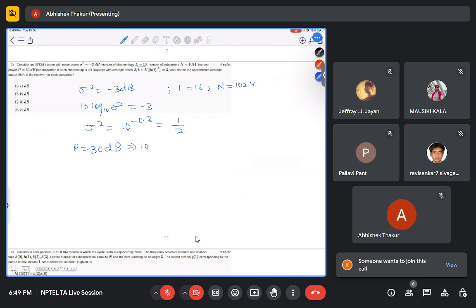So 10 log 10 P is 30, P is 10 to the power of 3, that is 1000. If each channel tap is IID Rayleigh with average power 3, what is the approximate average output SNR at the receiver for each subcarrier?